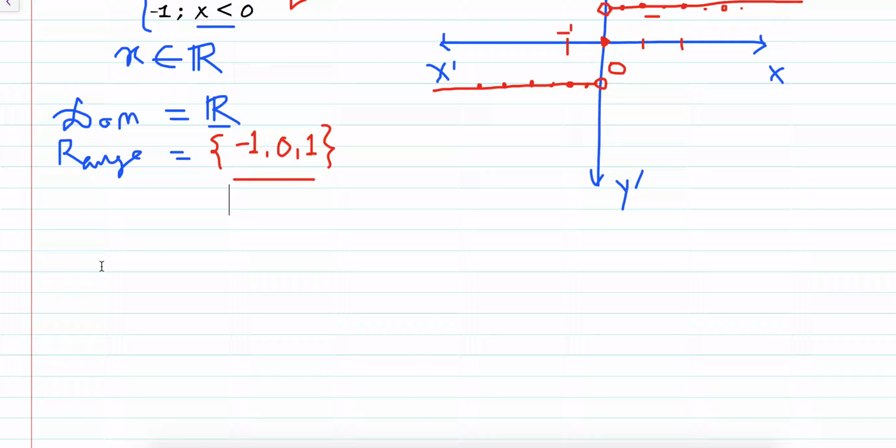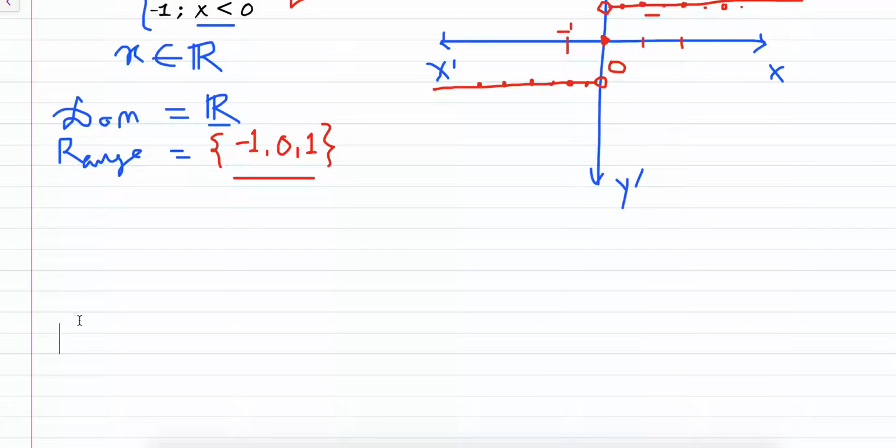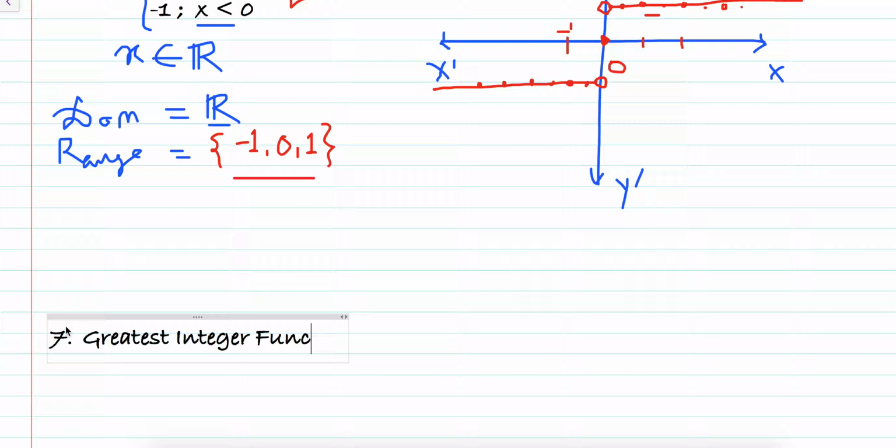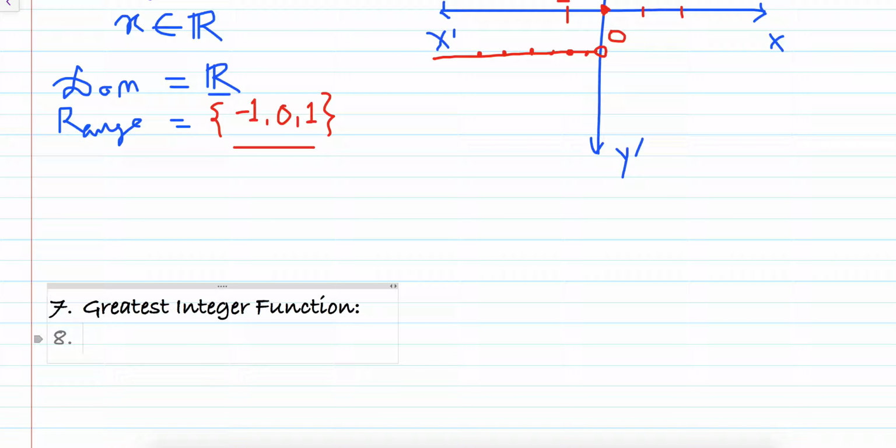Now we will take one more function for today. So our next category of functions is the greatest integer function. So we define the greatest integer function with this symbol, these square brackets.